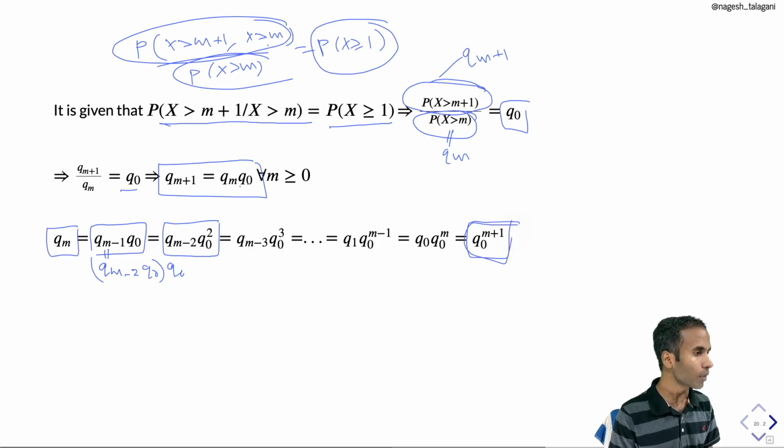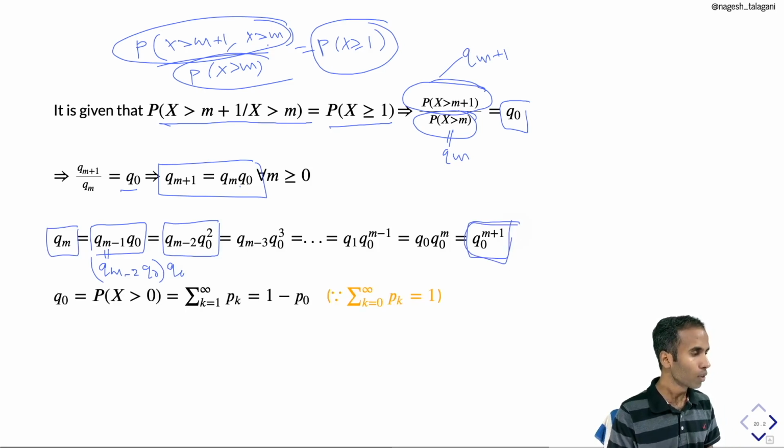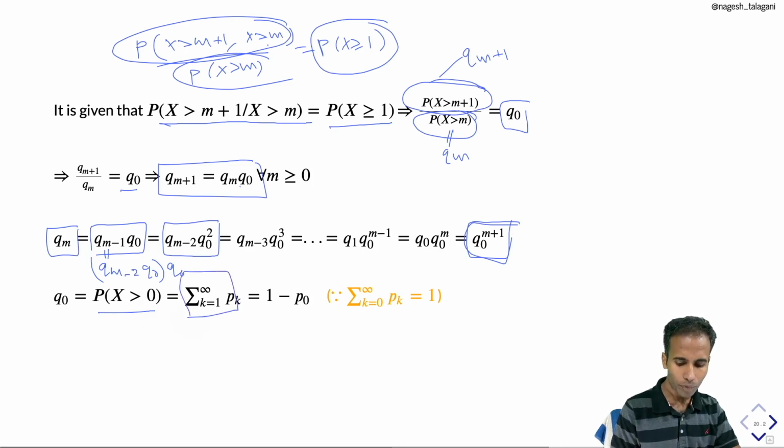Fine. Now Q naught equals the probability of x bigger than 0, right? Probability of x bigger than 0 means you sum up PMF values from 1 to infinity. Okay, this we can write as 1 minus P naught, because the total PMF values P0, P1, P2, and so on, everything is going to be equal to 1.